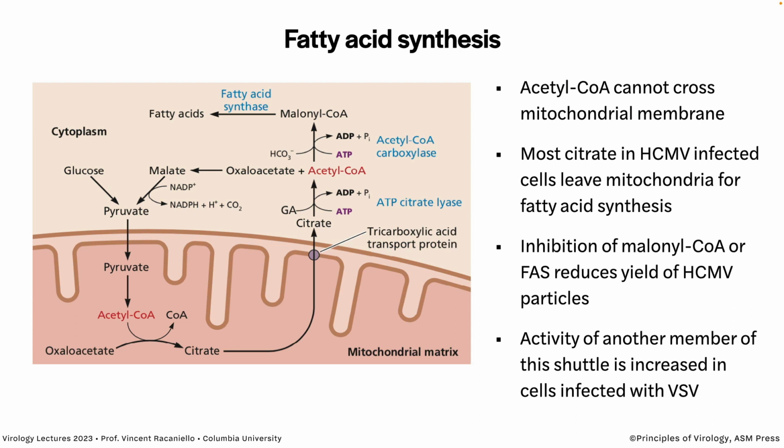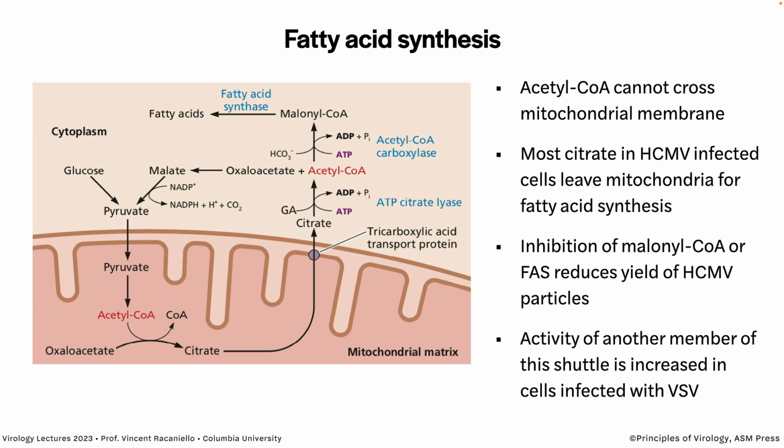And so these are important for viruses that have membranes. In fact, not just membranes in their particles, but depend on membranes on which to reproduce the nucleic acids. And so in most, for example, human cytomegalovirus infected cells, most of the citrate that comes out of the mitochondria eventually goes towards making fatty acids.